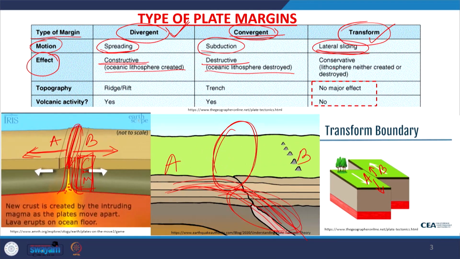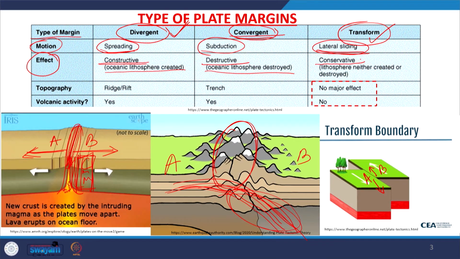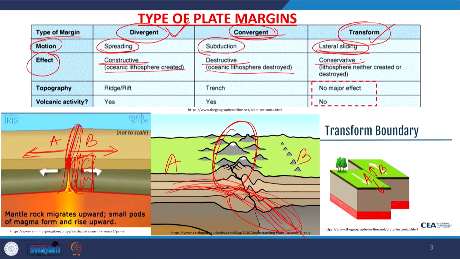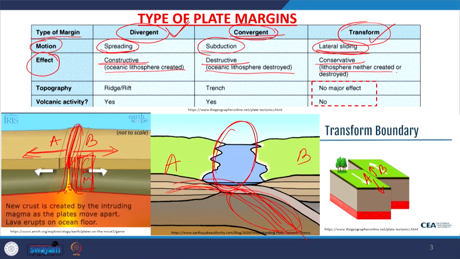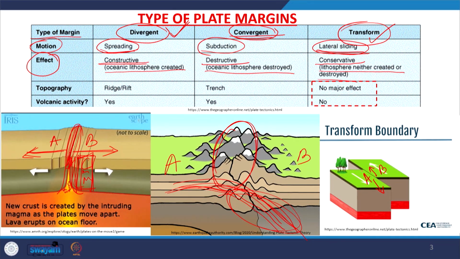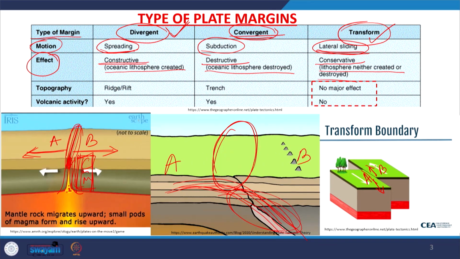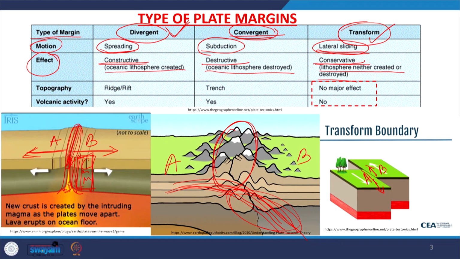Then the third one is conservative: neither does it construct nor destroy, it conserves the area. Here lithosphere is neither created nor destroyed. They are only sliding past each other. So, that is the conservative motion.